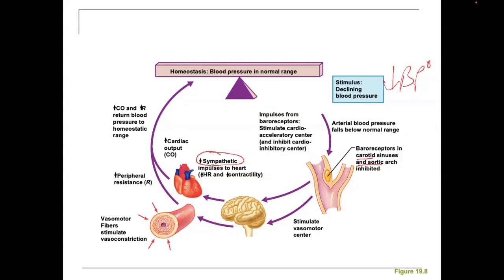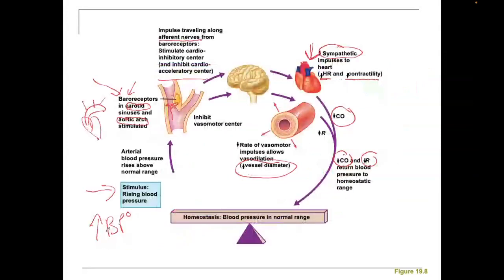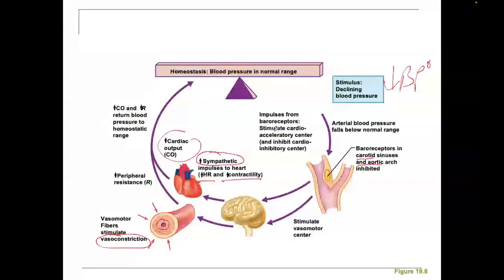When you stimulate the sympathetics, remember the fight or flight response, your heart rate increases and your heart starts to pound, so your cardiac output increases. At the same time, the diameter of the lumen of the blood vessel constricts. That's called vasoconstriction, whereas here it's vasodilation. So vasoconstriction increases the blood pressure.